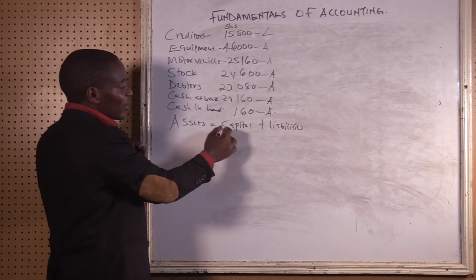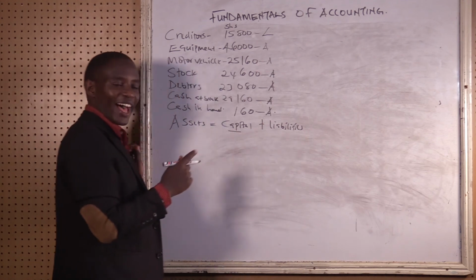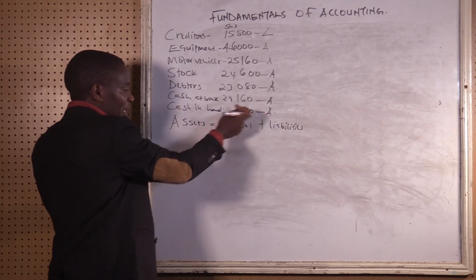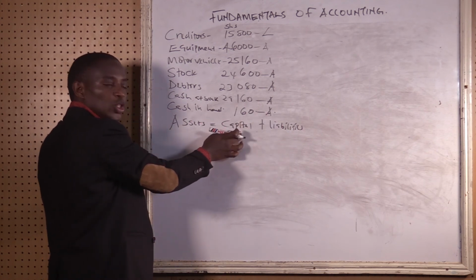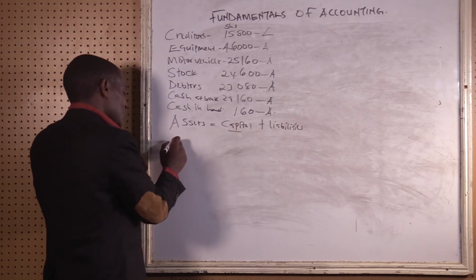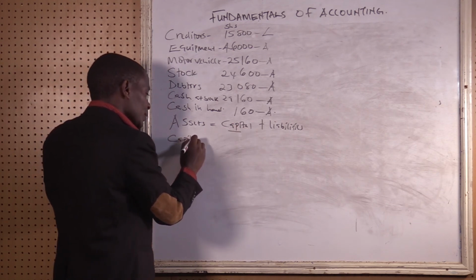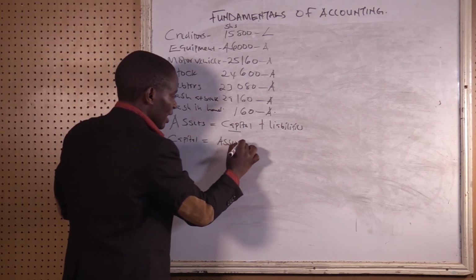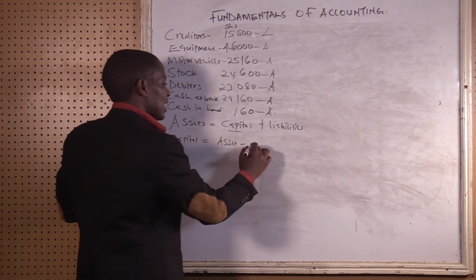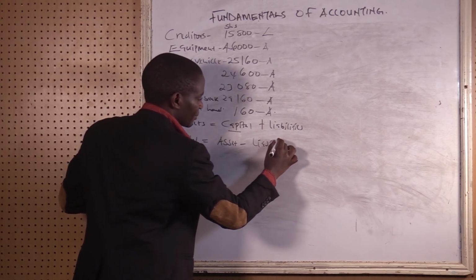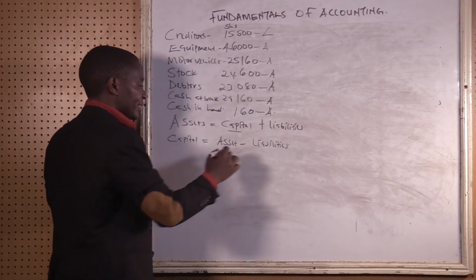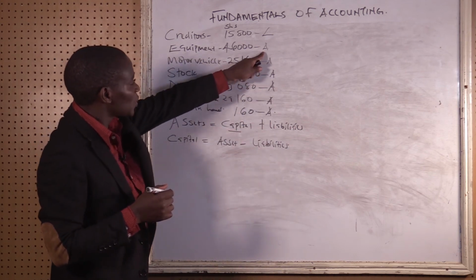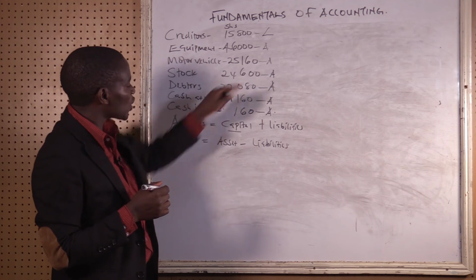Because it is capital that we don't have, we shall take liabilities to the other side, and we say capital is equal to assets minus liabilities.